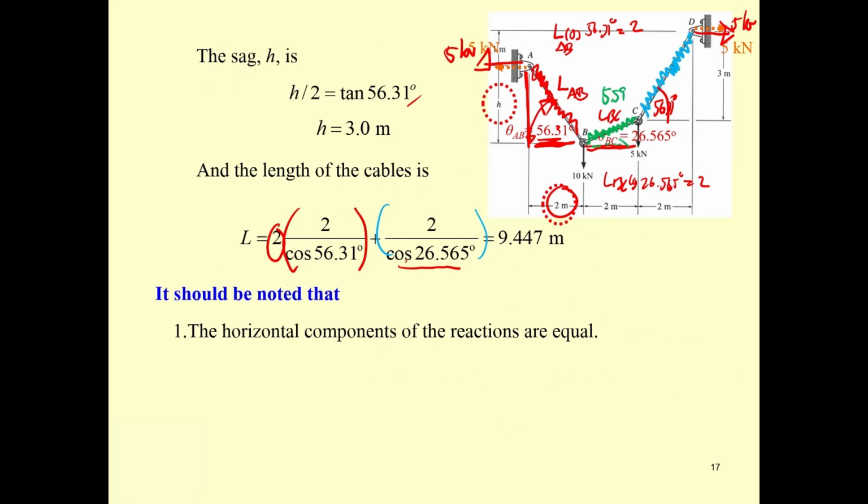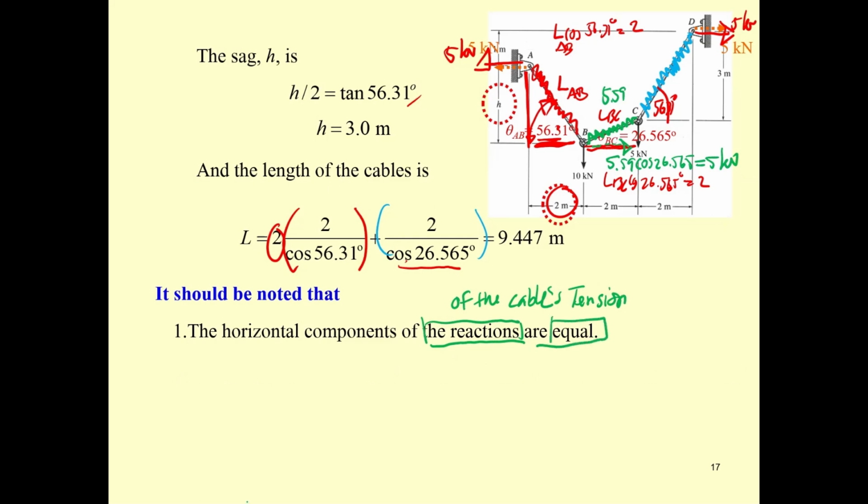If you try to project it, this is going to be 5.59 cosine 26.565, and then this is going to be 5 kilonewton. The component of all horizontal force, not only the reaction, but also of the cable tension, the component of them is always equal.